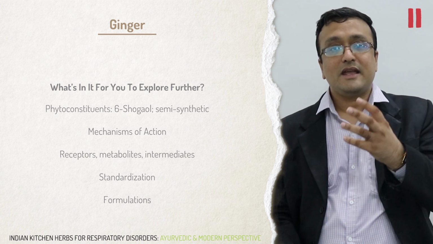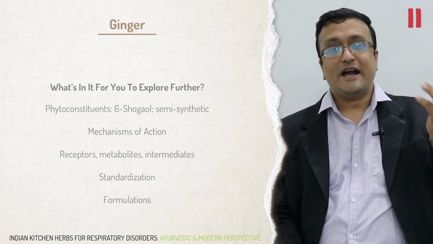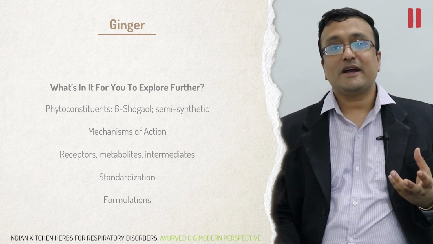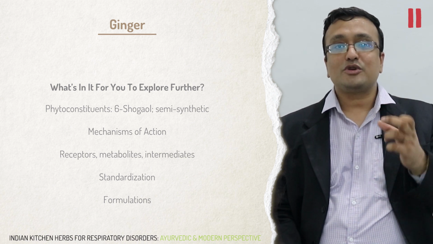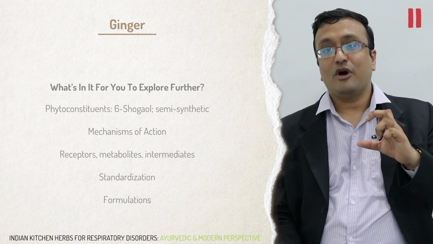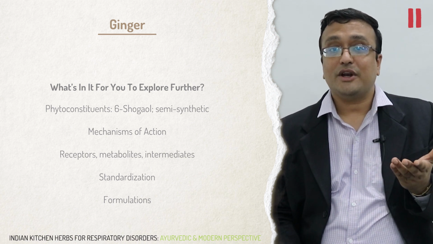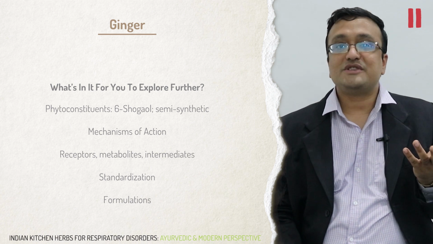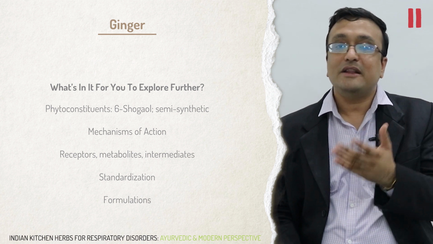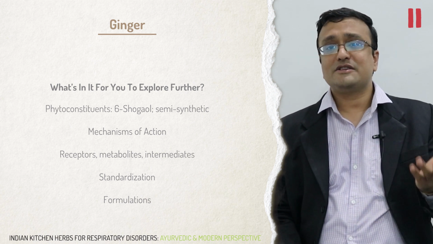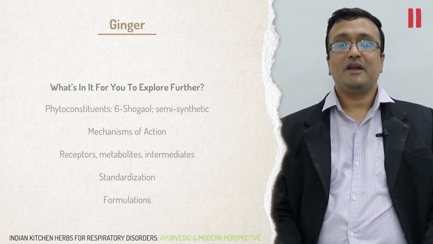That is, taking the natural constituents, isolating them from ginger, and then using laboratory techniques, making a change in the functional groups of those constituents, whereby new constituents can be generated. Those constituents may even have better activity than the original constituents. So this sort of work is being done, and it is going to be done in the future as well.